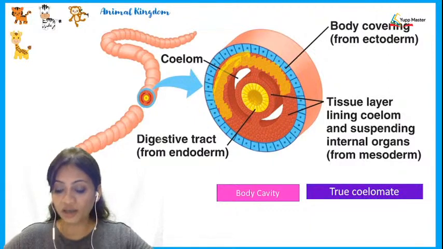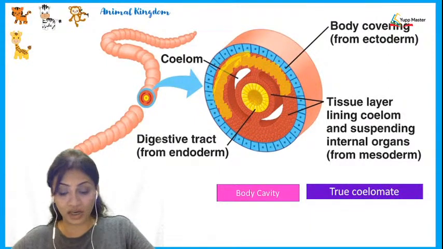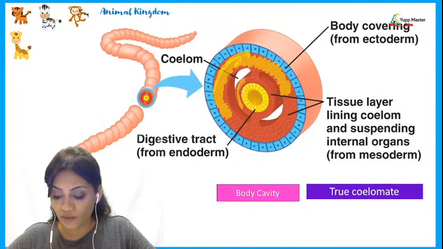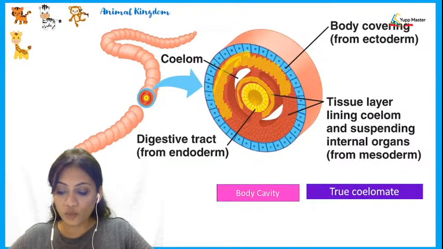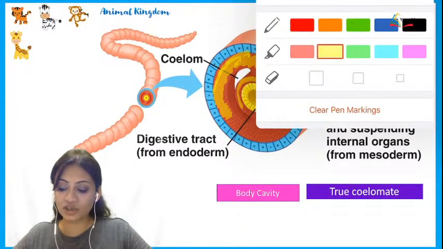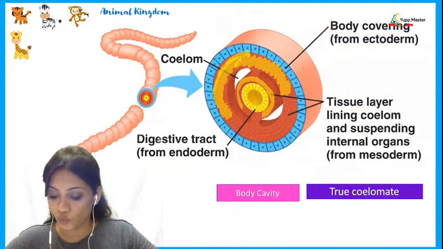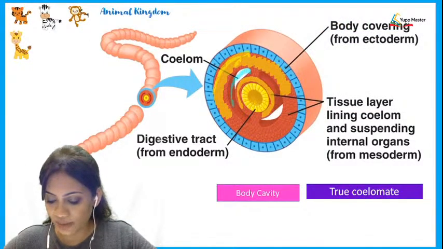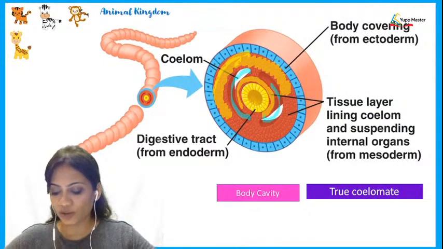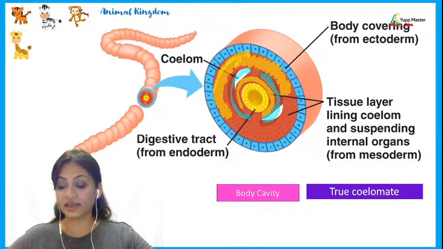And then a part of the mesoderm is covering the alimentary canal. So here is another part that's covering the alimentary canal. So now what do we see? We see that in between these two regions, there is a whole area which is an empty space. And this is what we are going to be calling the coelom.